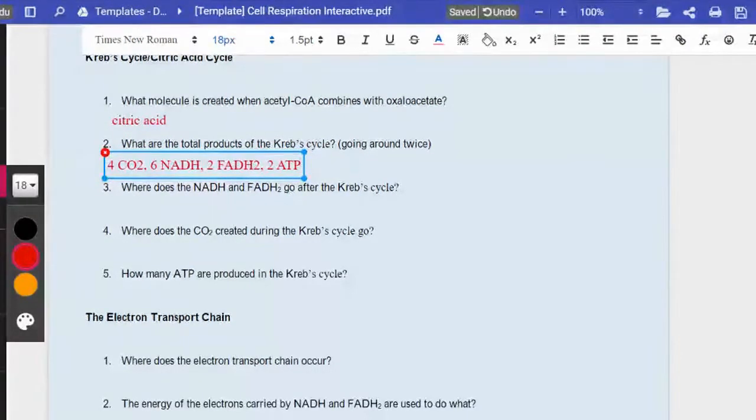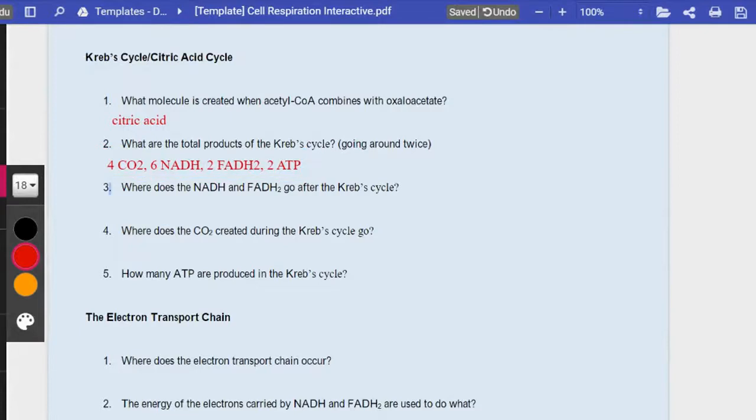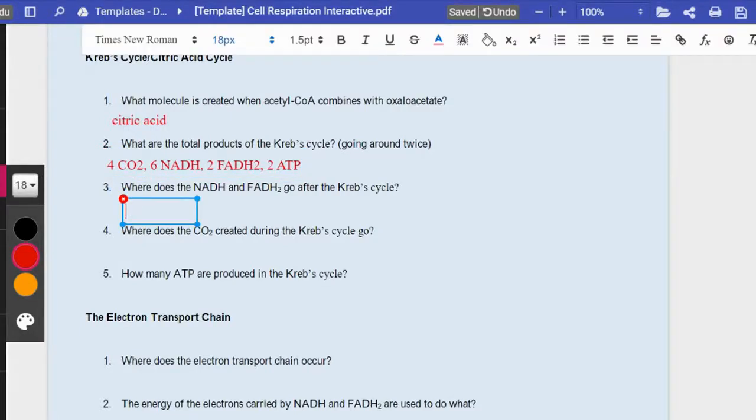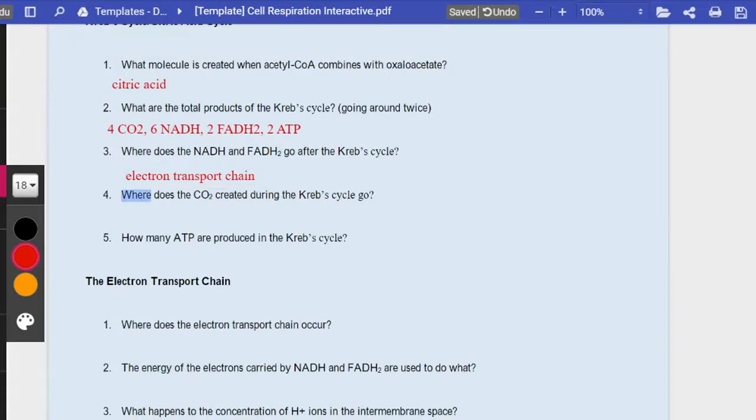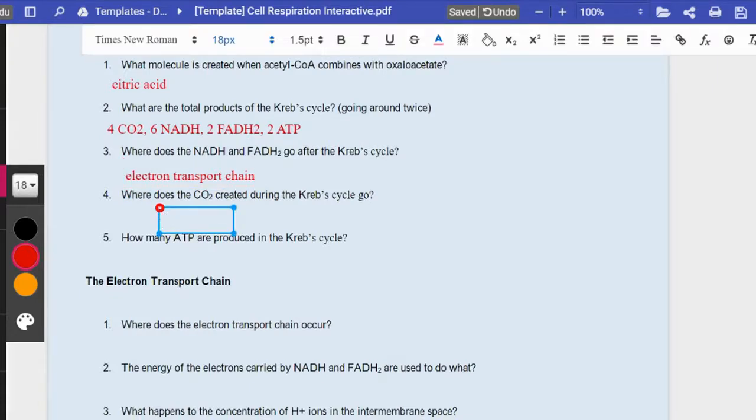Where does the NADH and FADH2 go after the Krebs cycle? Well, they carry electrons. Where are electrons needed? Once again, they're needed in the electron transport chain. Because once again, without electrons, it will not be an electron transport chain. Where does the CO2 that's created in the Krebs cycle go?